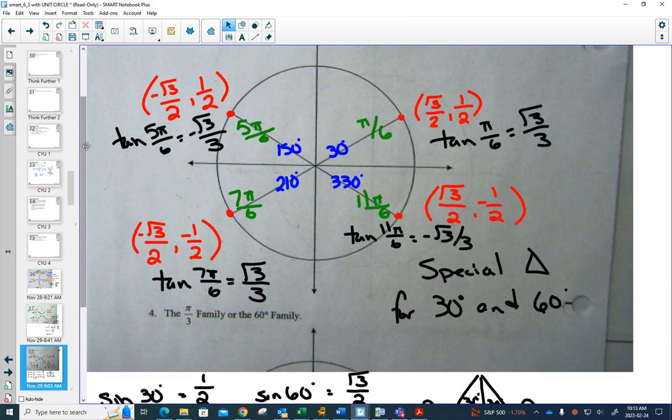Okay, we were at Addison, so cos of 7 pi over 6 is going to be the next question, and Addison is going to pick someone. Yes. Cos 7 pi over 6, negative square root of 3 over 2. Next, sine of 150 degrees.